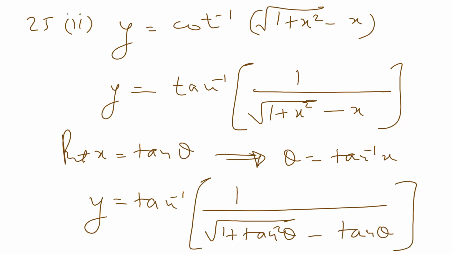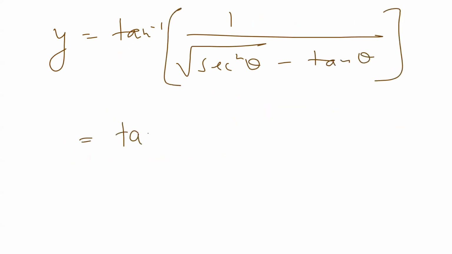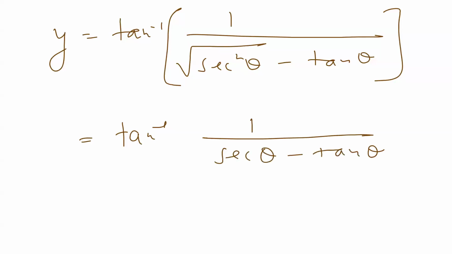Okay, so this further we have to simplify. Y is equal to tan inverse of 1 upon root of sec square theta minus tan theta. Okay, root of sec square theta is sec theta. So this is sec theta minus tan theta. Now convert it into sin and cos.